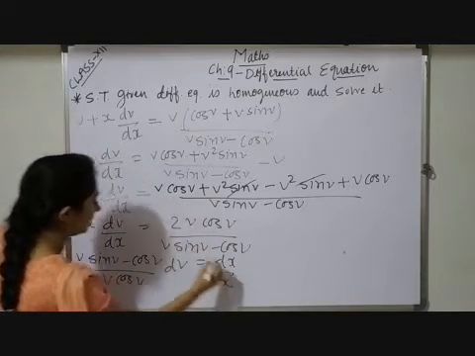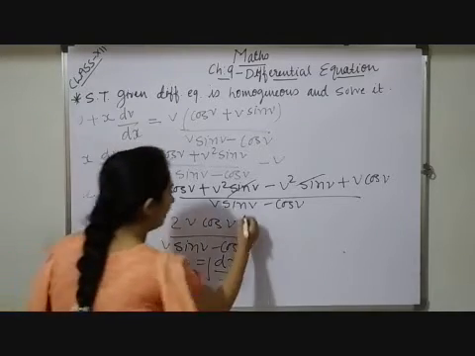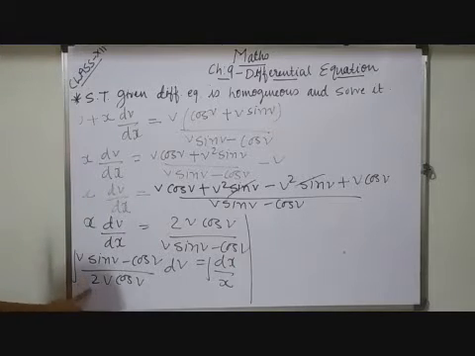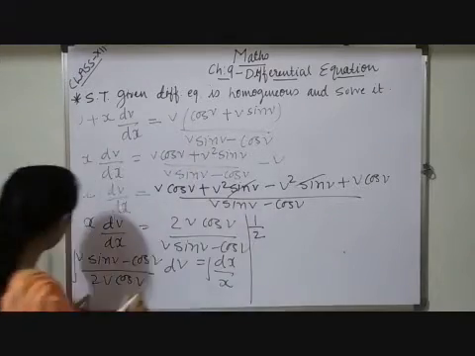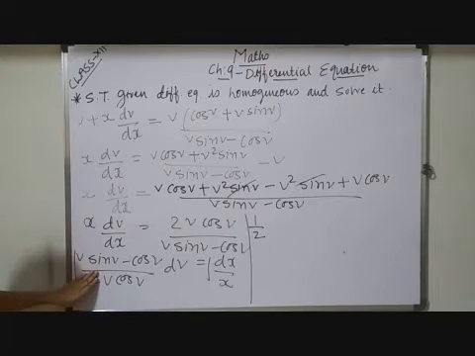which equals dx upon x. Integrating on both sides. So while you are integrating, now see, observe, this 1 upon 2 I am taking out common. Now observe, v and v will be cancelled out, you will get tan v.